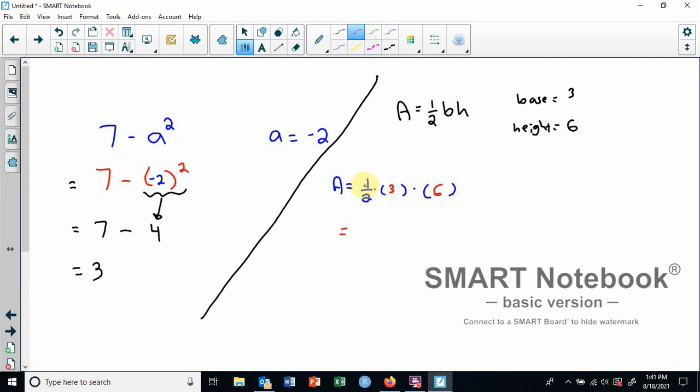Now, these are all 3 multiplications, so we will work them as we see them left to right. So this is really easy. 1/2 times 3 is 3/2, because I could put a 1 on the bottom and multiply the tops and bottoms, times 6. Let's turn that into a fraction. That'll be 18 over 2, which reduces to 9.